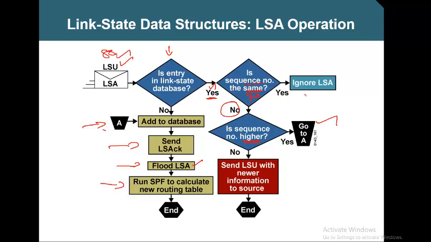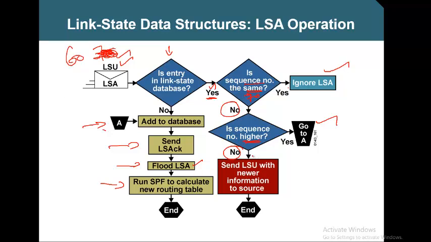What if the incoming sequence number is same? Both are 70. If both are 70, ignore, simply ignore. Now what if the sequence number is not higher, meaning you have 70 but the incoming is 60?